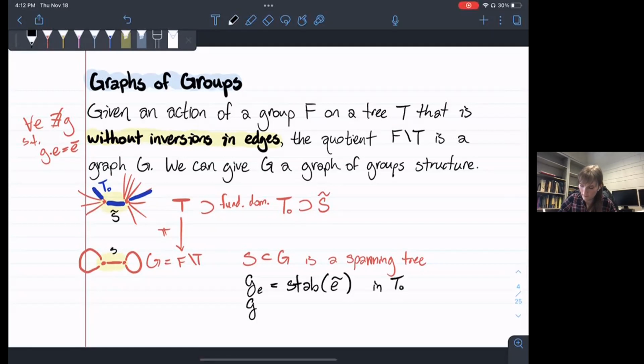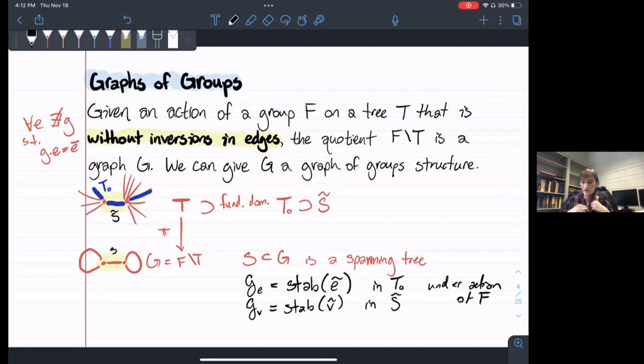And I say that my vertex group V is the stabilizer of the vertex that lives in S tilde. So it's the stabilizer of V tilde in S tilde, both under the action of F.